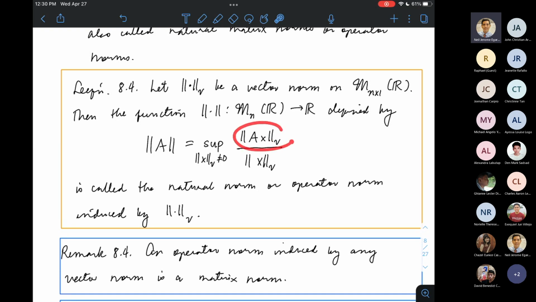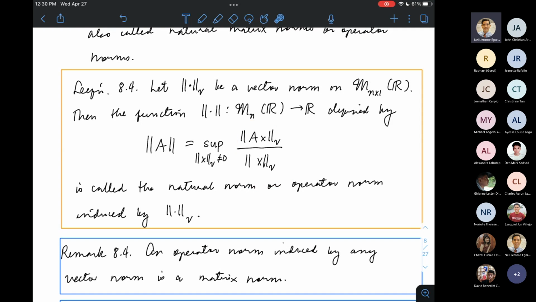Okay? Computein mo yung vector norm ng product na Ax, i-divide mo siya sa norm ni x, tapos kunin mo yung supremum ng lahat ng ratios na to over all vectors na non-zero yung norm. Or essentially, that will be taking the supremum of this quotient over all non-zero vectors.